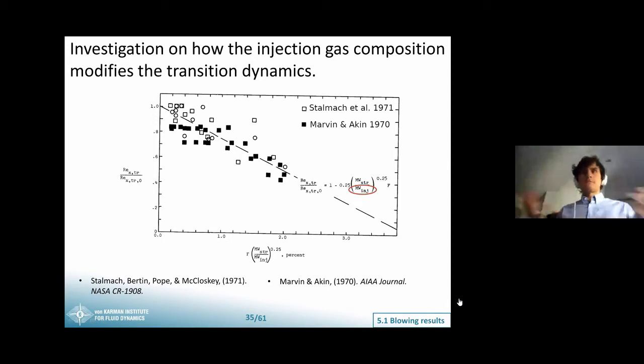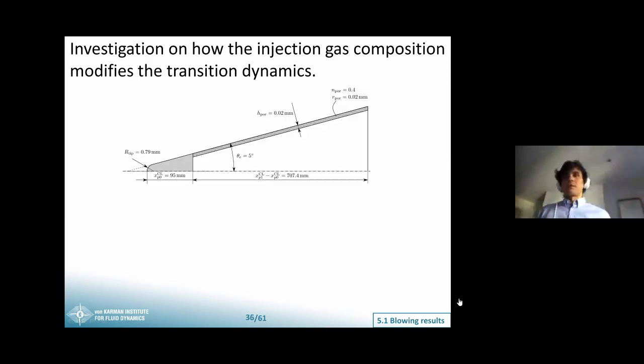So the most meaningful result that they obtained was that the injection of lighter species resulted in a sooner transition than when injecting heavier species. So again, we went ahead and said, okay, can we reproduce this numerically?